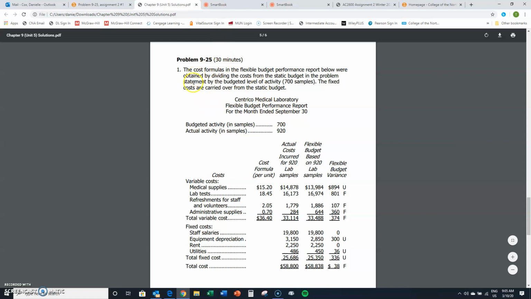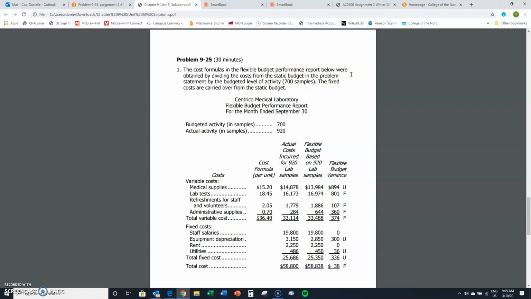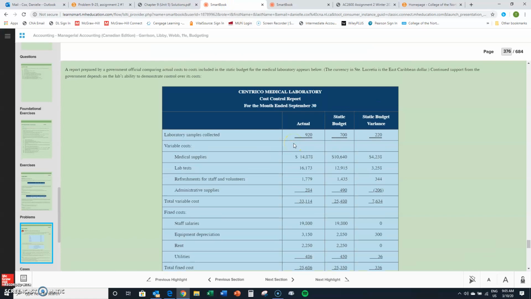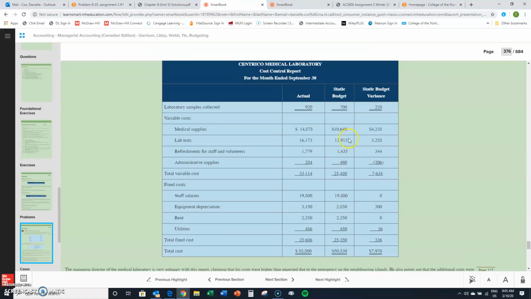It tells us here, the cost formulas in the flexible budget performance report were obtained by dividing the cost from the static budget in the problem statement by the budgeted level of activity. So we're told what the level of activity is, and then we're given our variable costs and our fixed costs.